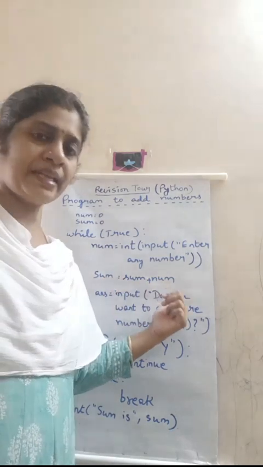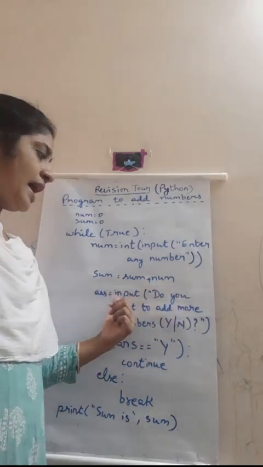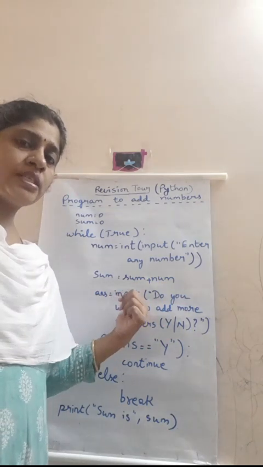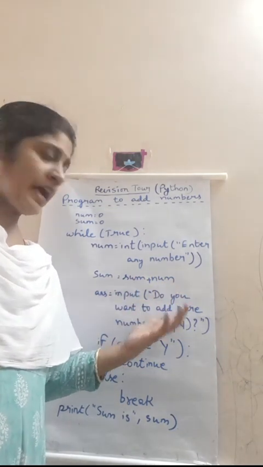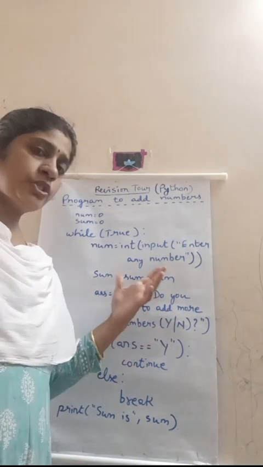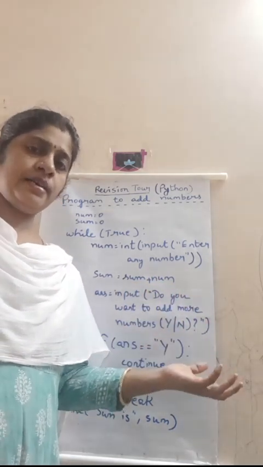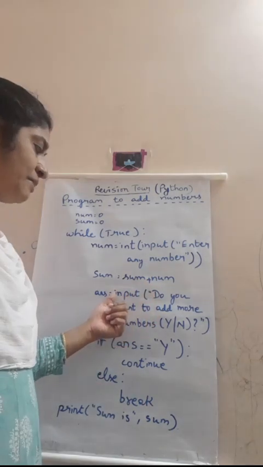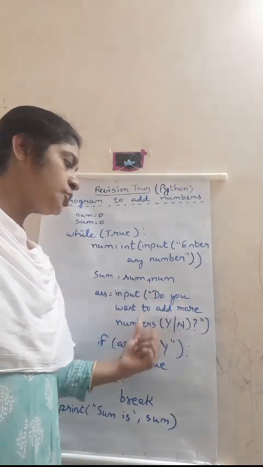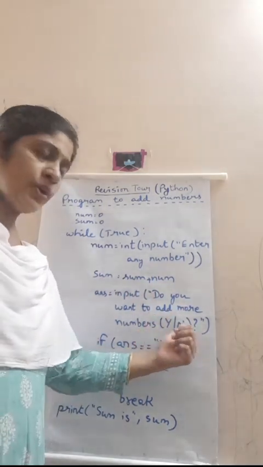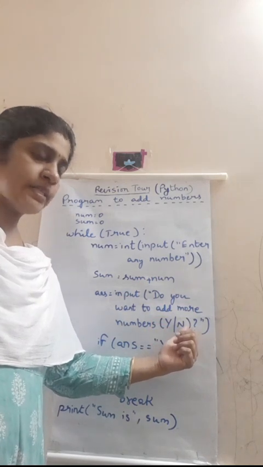Sum is equal to sum plus number, and I am asking the user's opinion, whether he wants to continue the program, whether he wants to enter more numbers and add them. So I am just asking input, do you want to add more numbers? Yes or no? The user has to enter either yes or no.